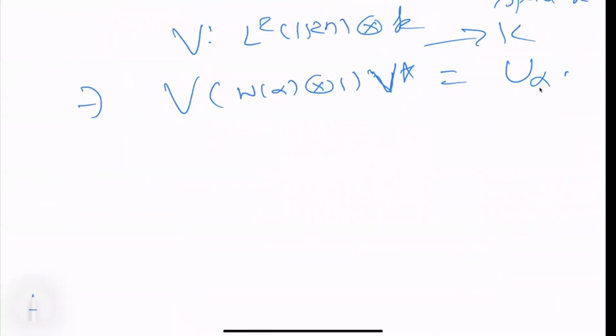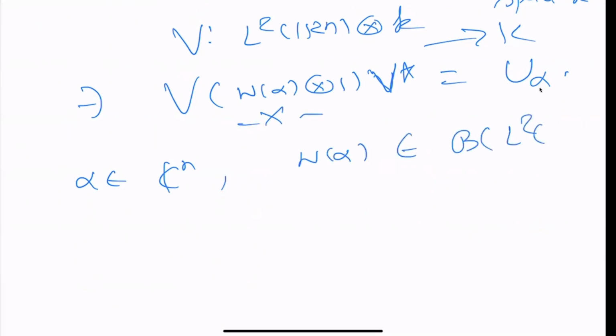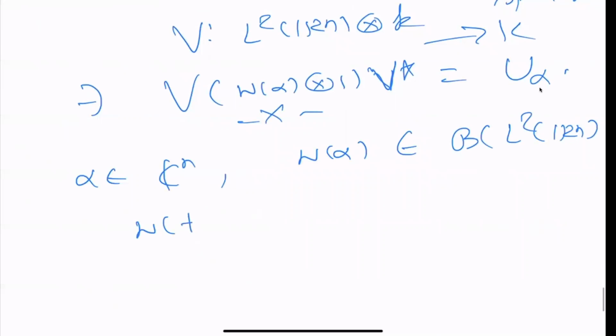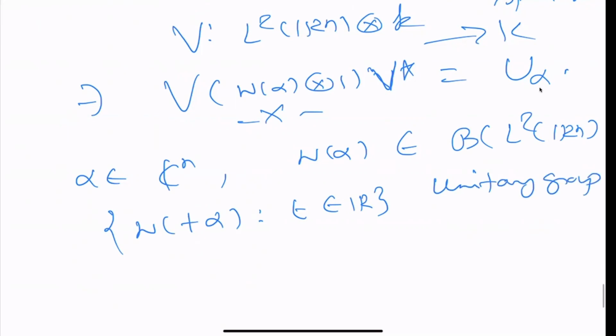If we have an alpha in Cn, then we have W of alpha, which is a unitary in B of L2 of Rn, a Weyl operator W of alpha. Then if you take W of T alpha, this is a unitary group, a group of unitaries, if T is varying.